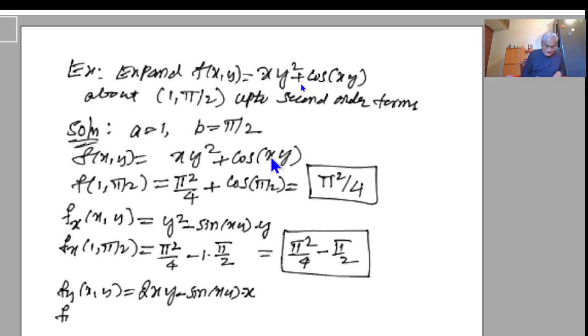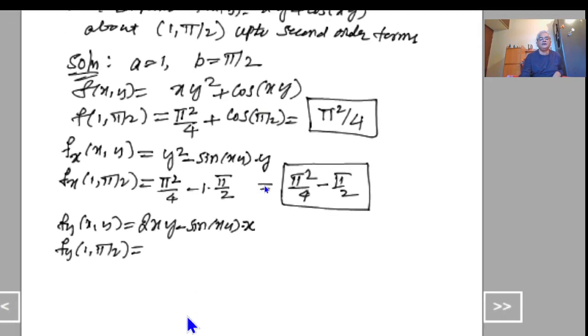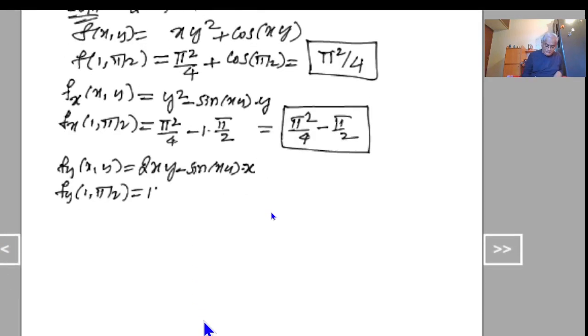Then fy at the point 1 comma pi by 2 is equal to, put x equal to 1, y equal to pi by 2. This is 2 into 1 into pi by 2, 2 gets cancelled, pi remains here. So that is pi minus sin of 1 into pi by 2. Sin pi by 2 is 1, 1 into 1, this is equal to 1. So this is equal to pi minus 1. This is our fy.